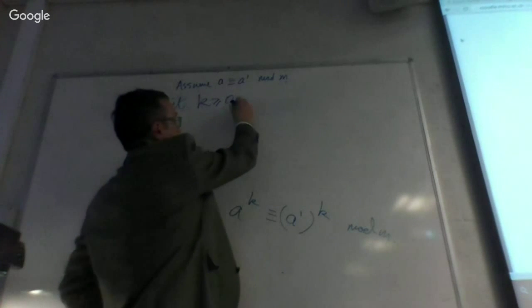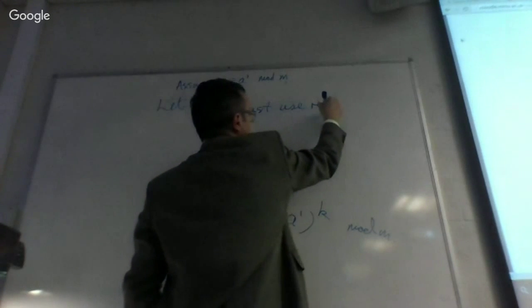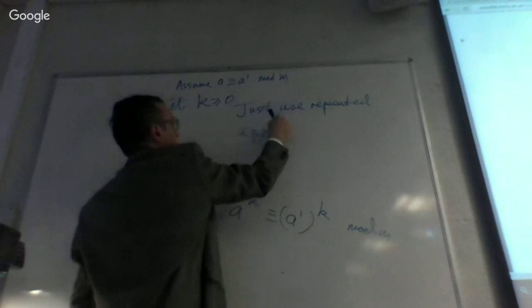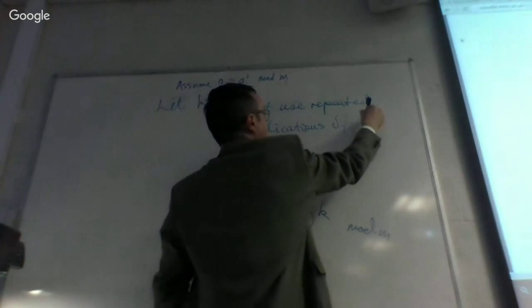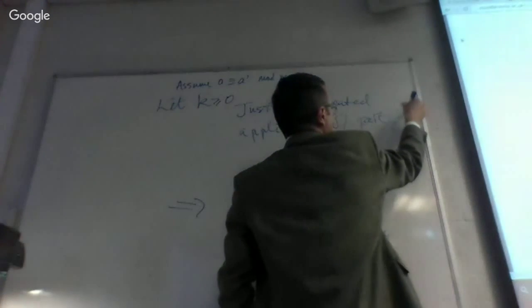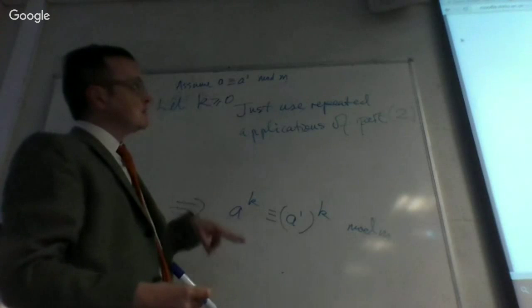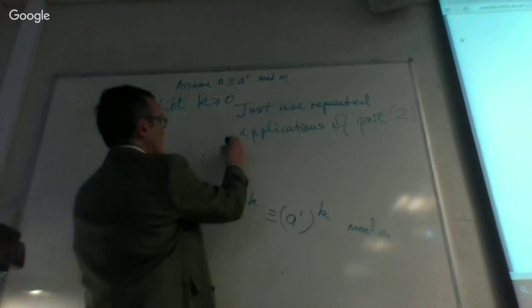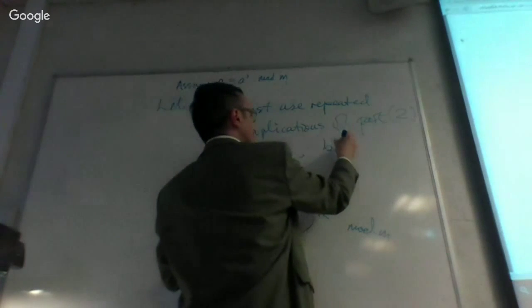We just use repeated applications of part 2, where we've got a and a prime as one pair, so I'm using b as just a again, and b prime as a prime.